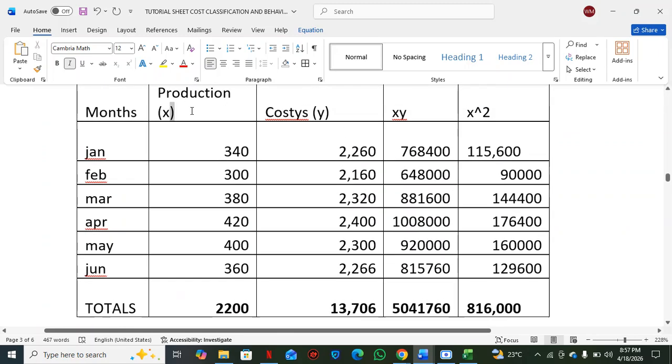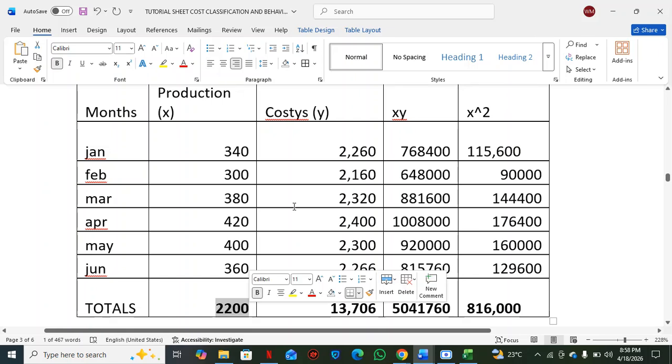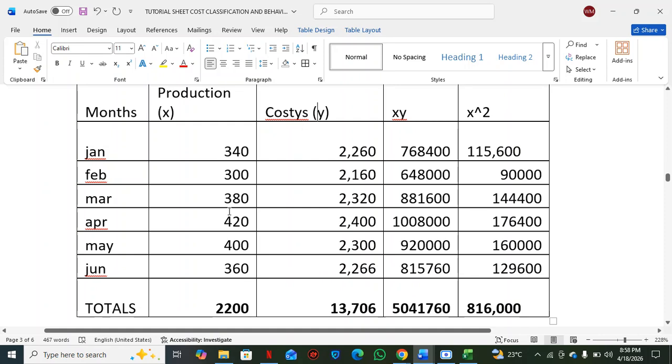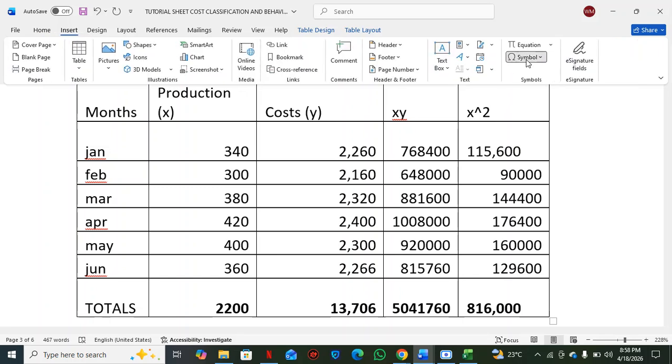Here's X, the production units. The total is 2,200. Multiplied by the total of Y, which is 13,706. Let me put it like this so that even for your studying purposes, you will be okay.